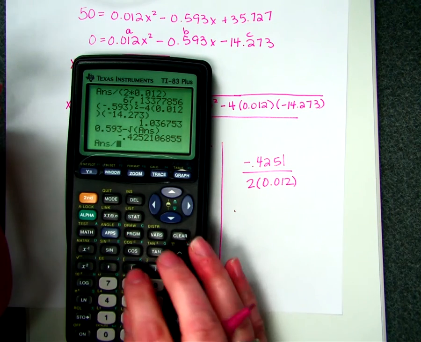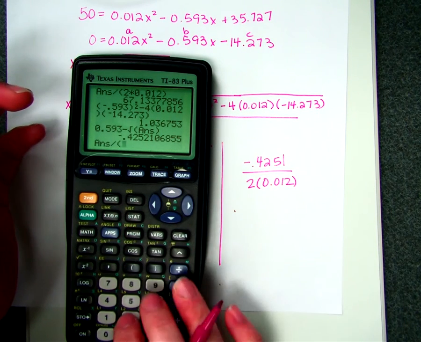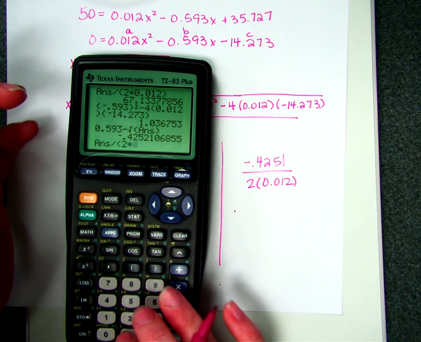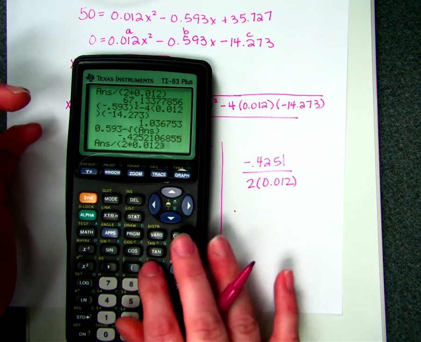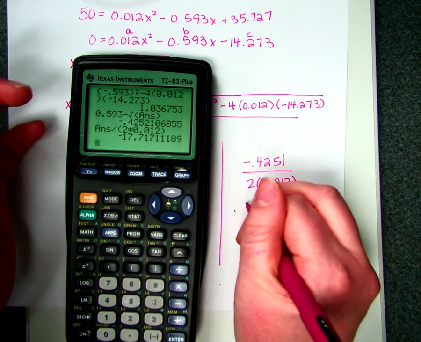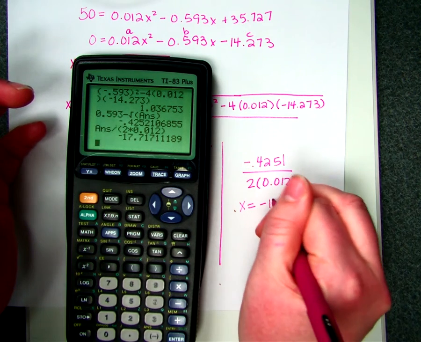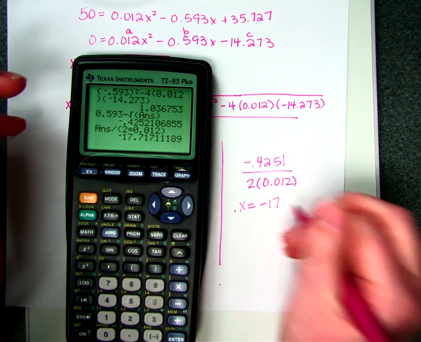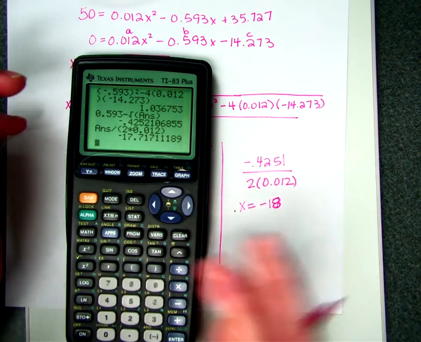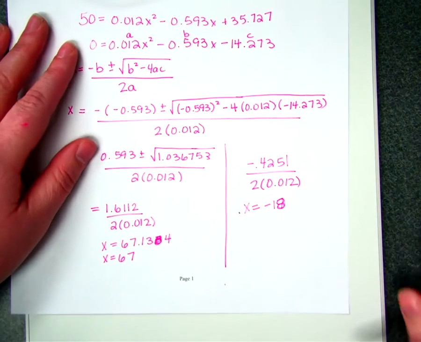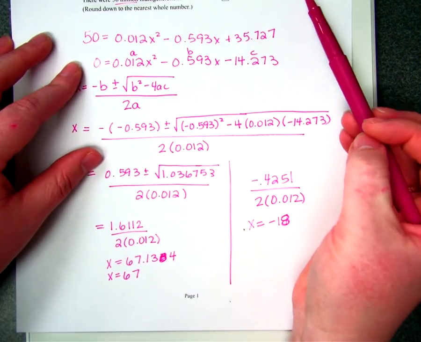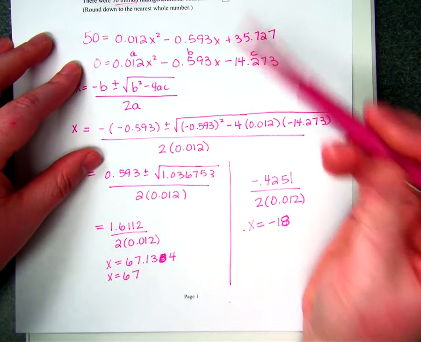Do the division, so divide by your denominator, 2 times 0.012. And I get x is equal to negative 17, well, negative 18 if I round. But either way, it doesn't matter because x is supposed to be the number of years after 1940.